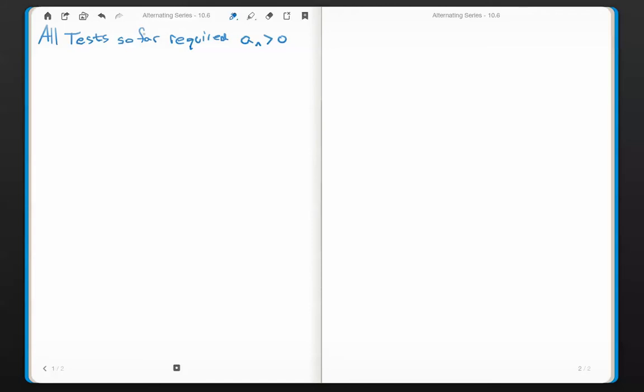So today is the first time that we're going to really look at alternating series. And we will make some definitions for absolute and conditional convergence.